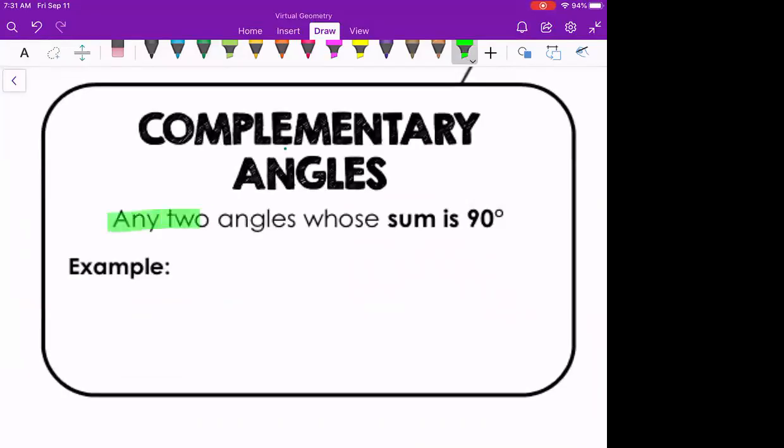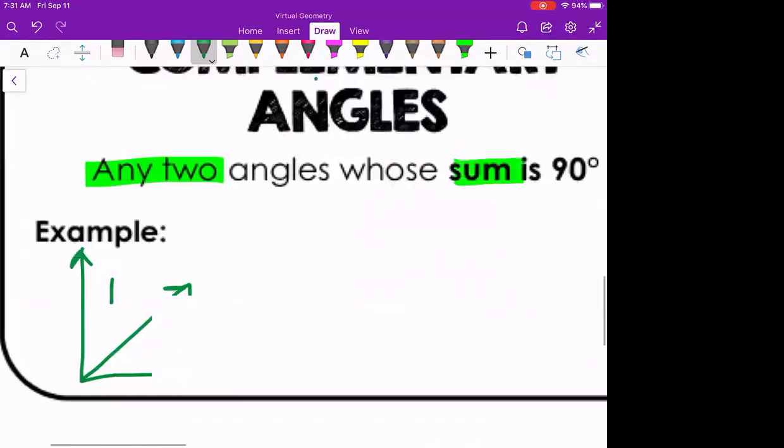Again, any two angles with a sum of 90 this time. So they could possibly be angles that are adjacent. Now, even if I don't know these numbers, I'm going to put in just an angle 1 and 2 here.